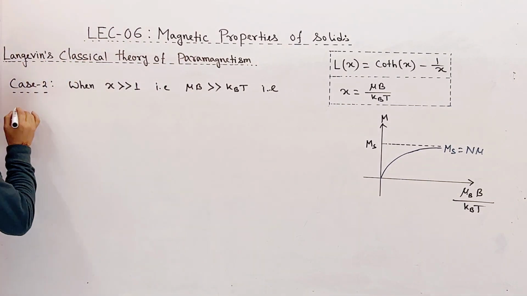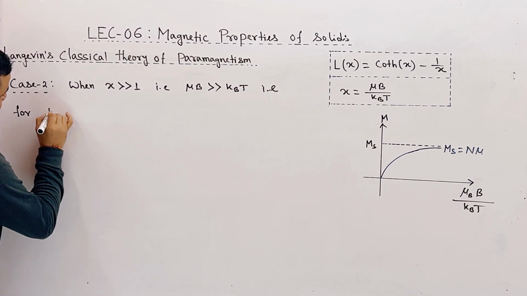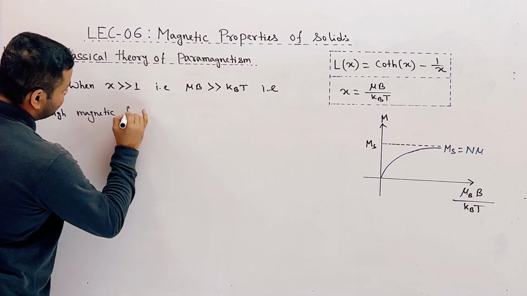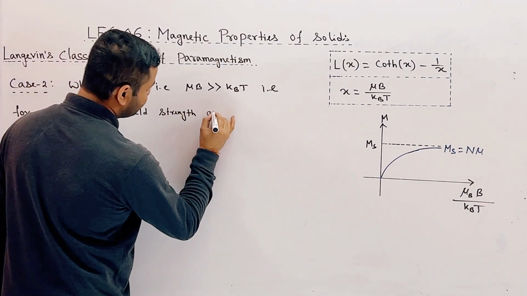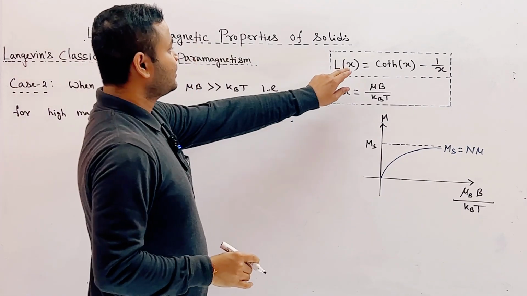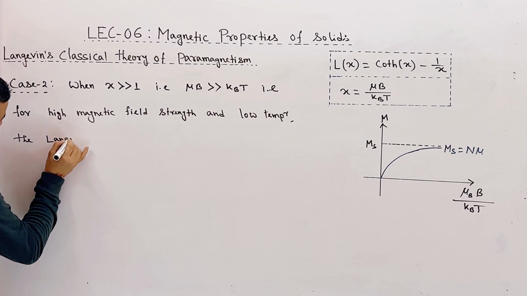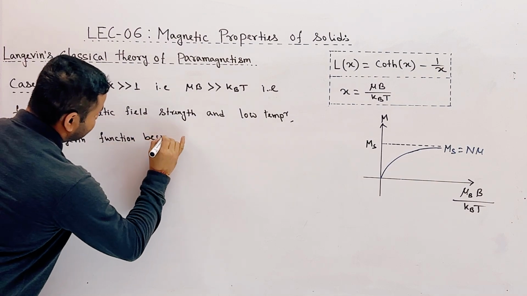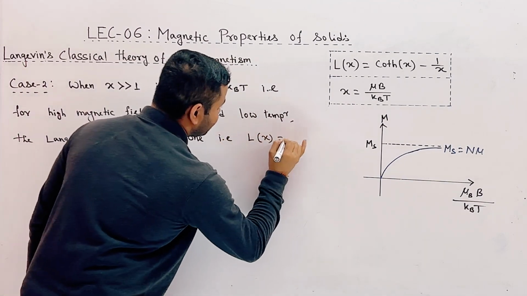That is for high magnetic field strength and low temperature, the Langevin function becomes 1, that is L(x) is equal to 1.